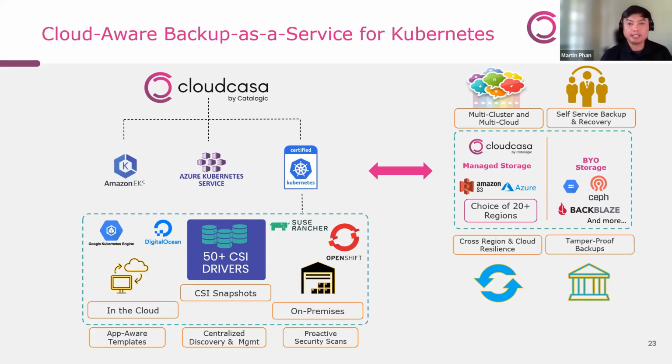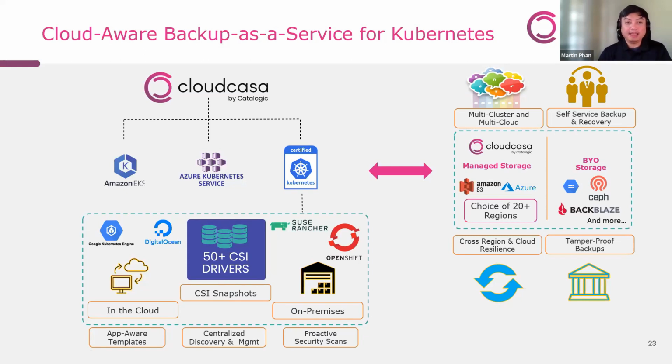We can migrate that data to our Cloud Casa platform, to our object storage in the cloud, which exists in either Amazon or Azure. But again, you can also bring your own storage, right? And as long as it's scanned in and registered to our Cloud Casa platform, you're going to be able to set that as a backup target for your Kubernetes-based backups.